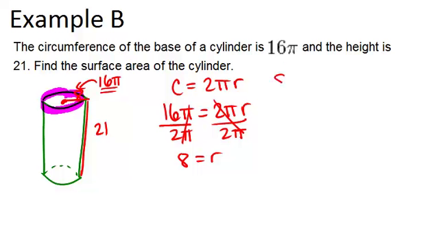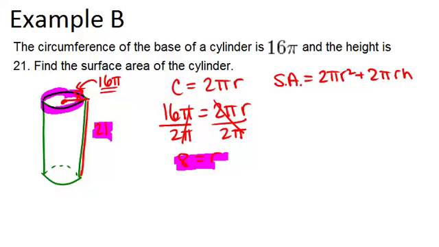Now remember, our formula for surface area is 2 pi r squared plus 2 pi r h, and that's for a cylinder. So we know our radius is 8 and our height over here is 21. So we can substitute those numbers in. So it's 2 pi times 8 squared plus 2 pi times 8 times 21. And now you just want to simplify this.